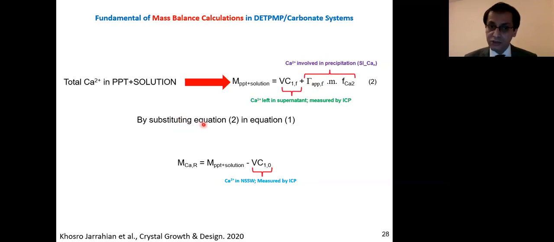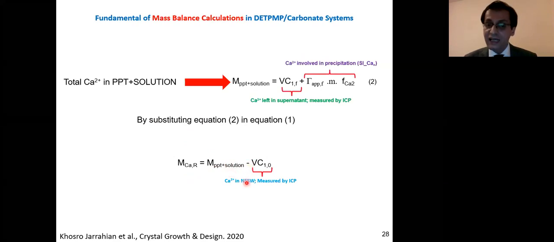By substituting equation 2 with equation 1, we can conclude that the amount of calcium from rock dissolution equals the total amount of calcium involved in precipitation and left in the supernatant, minus calcium in North Sea water. Okay?